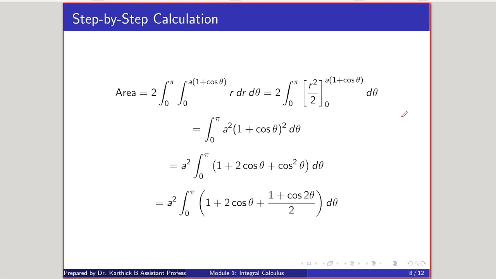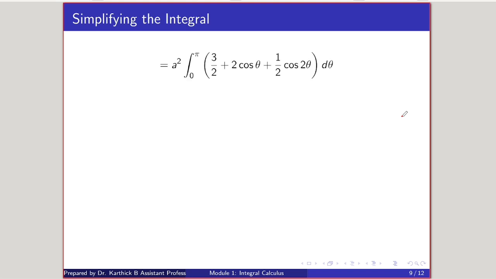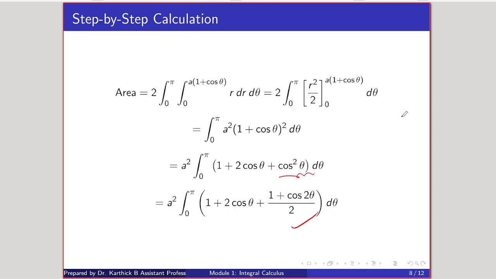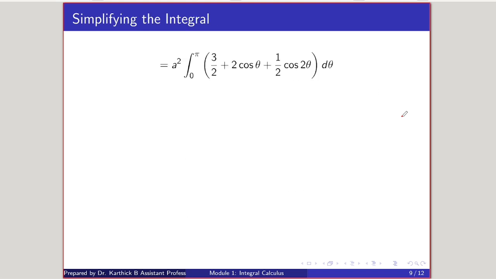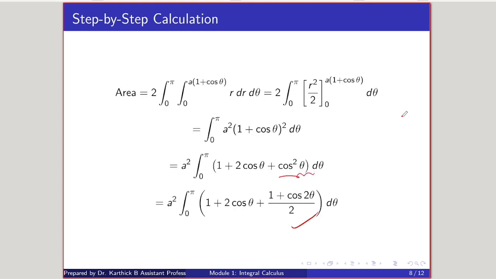Before integrating, we know that cos square theta can be written as 1 plus cos 2 theta by 2. Then we can simplify the term to 3 by 2. The 3 by 2 comes from the 1, and if I split the term, it will be 1 by 2 plus 1 by 2.